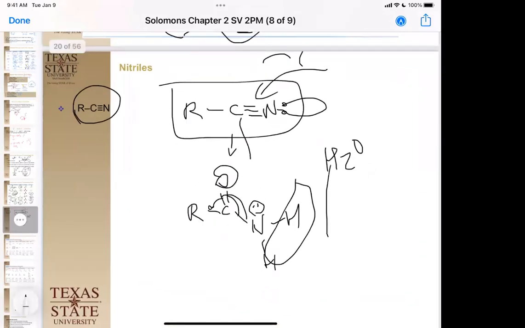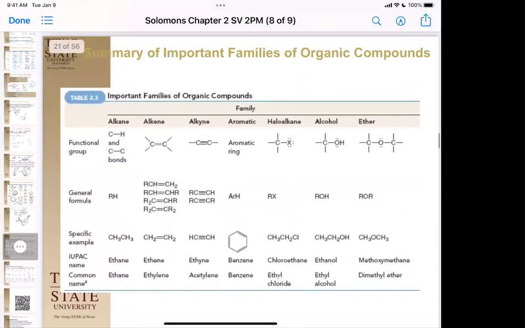Okay, so let's move on to looking at an overview of what we just talked about. So the hydrocarbons have 4 things in them: alkanes, sp3 hybridized carbons only. We have at least 2 sp2 hybridized in alkenes.